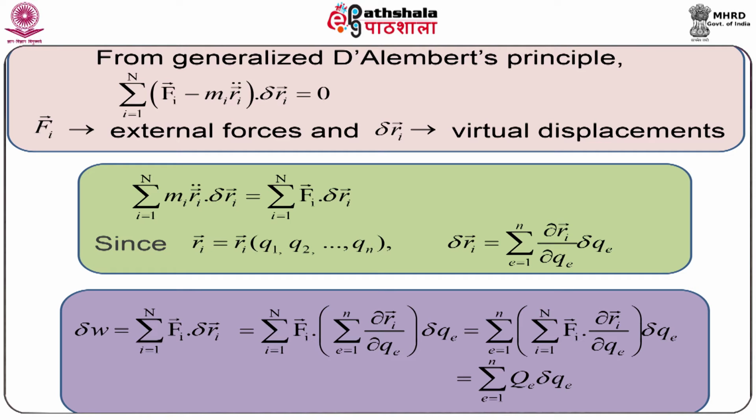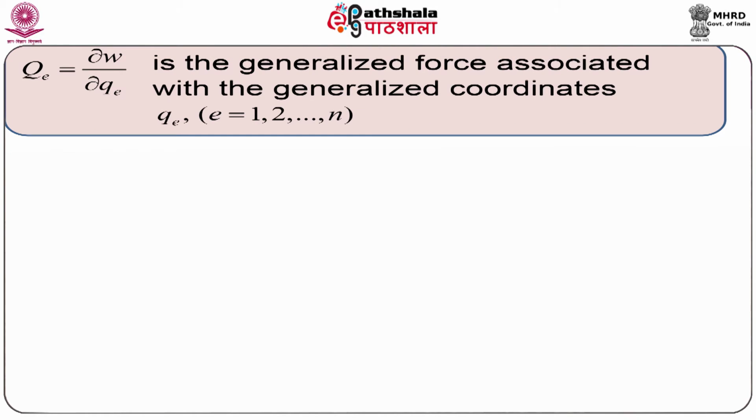If we denote capital Qk equal to summation over i of Fi vector dot del Ri vector by del qk, then we get this result, where capital Qk is the generalized force associated with the generalized coordinate qk. Capital Qk can be written as del by del qk operated on the work done W. This is the generalized force, we have already mentioned it.